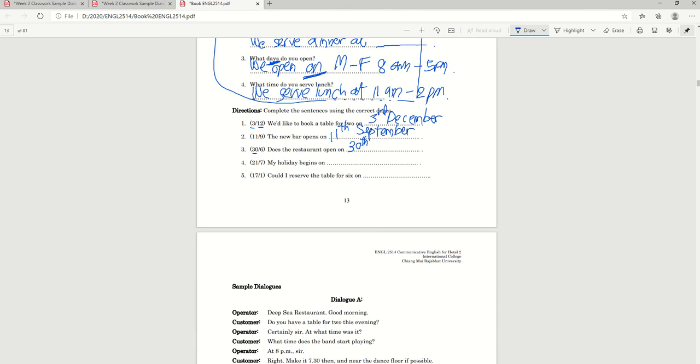6, month number 6 is June. Maybe you have to review the names of the 12 months as well. Then number 4, 21. But actually for ordinal number, it is not 21 but it is 21st, so that is why we need st. The 7th month, number 7, is July, not Julie.